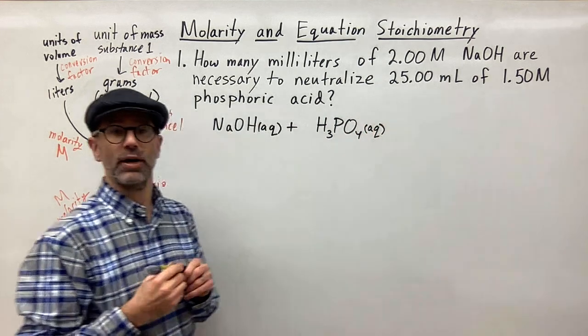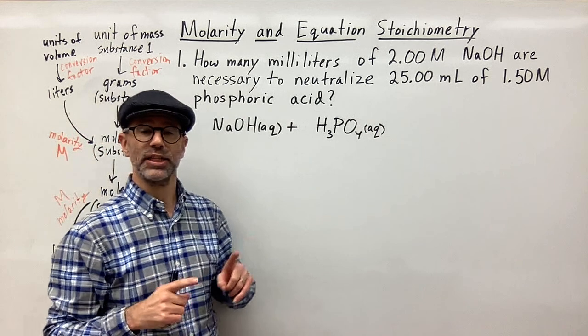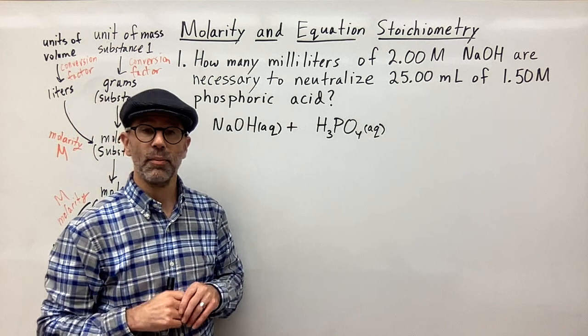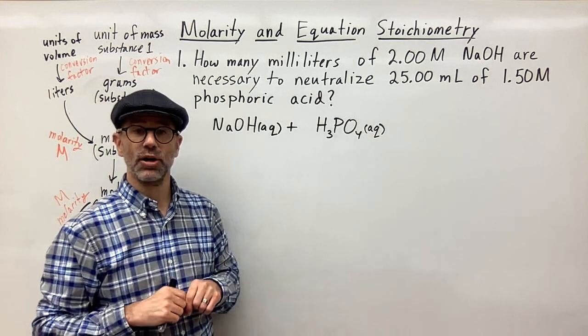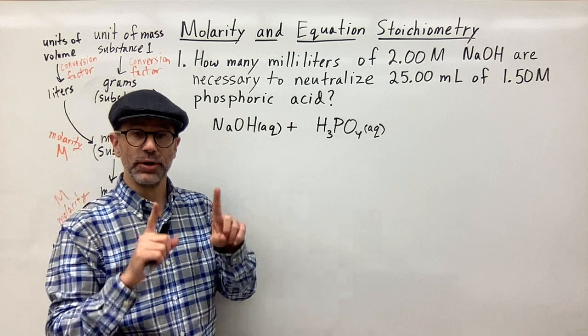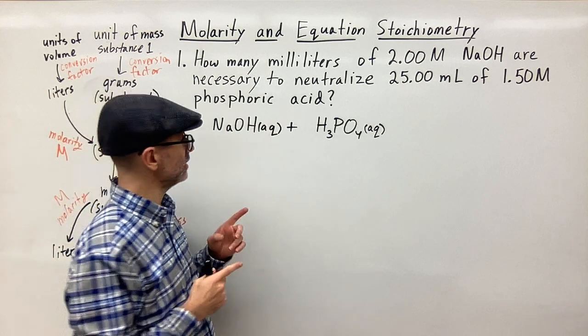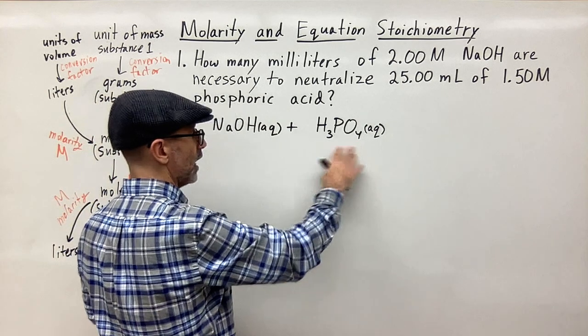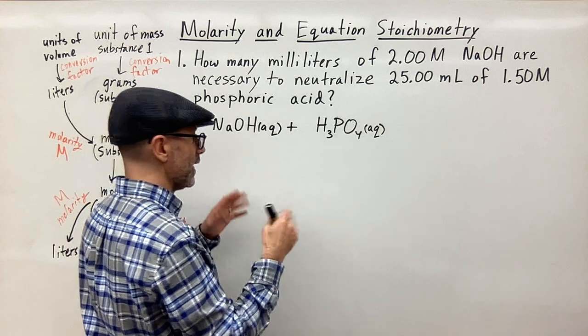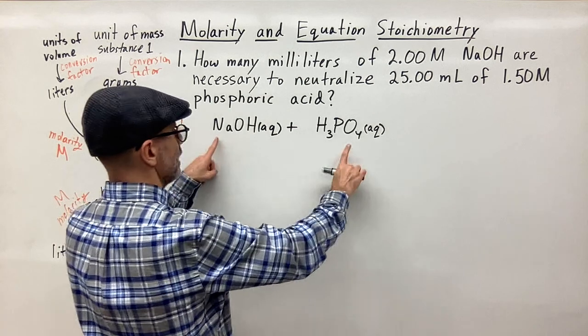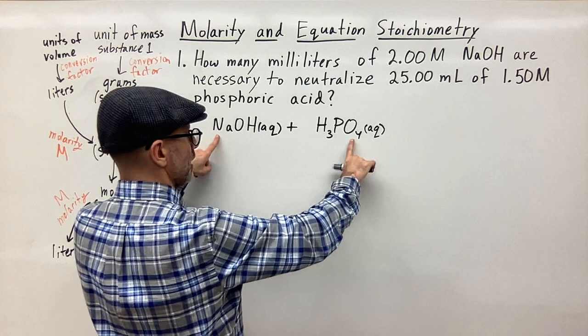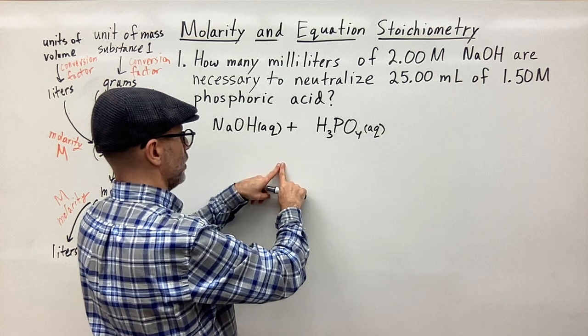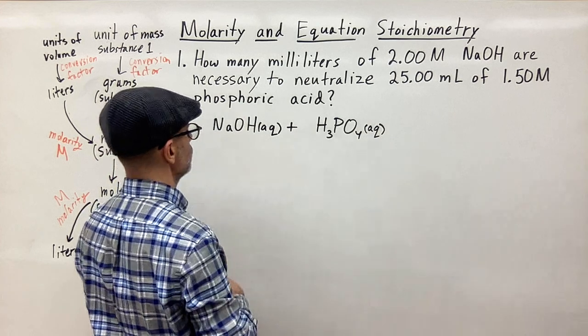And then whenever you do your acid-base neutralization, just like with your ionic reactions, your double displacement reactions, we're going to treat these like ions, even though acids are not ions, but they do ionize. So we're going to take the outside ions, put them together, and the inside ions, put them together.